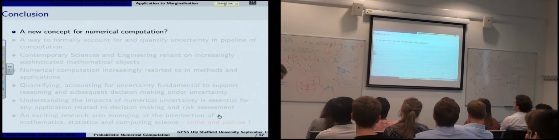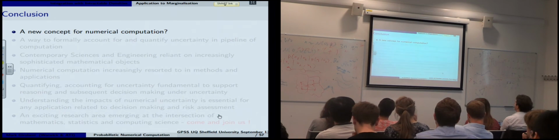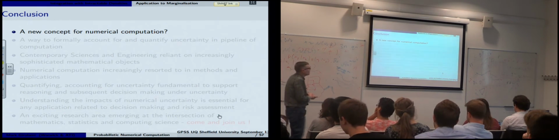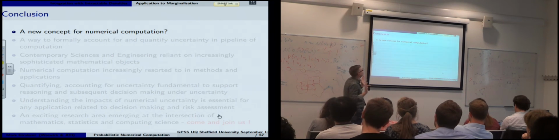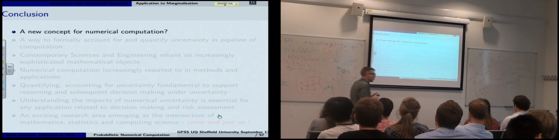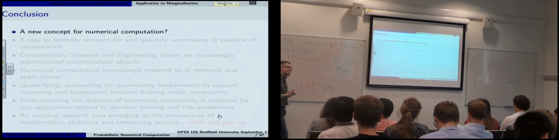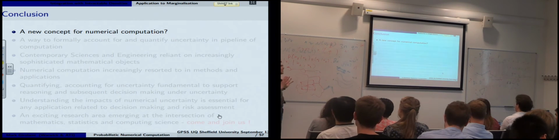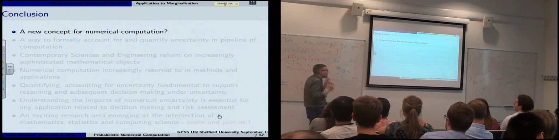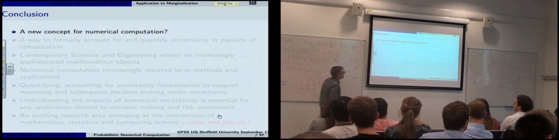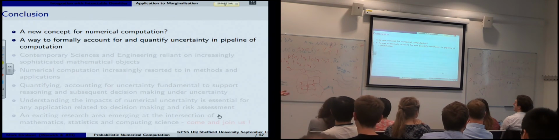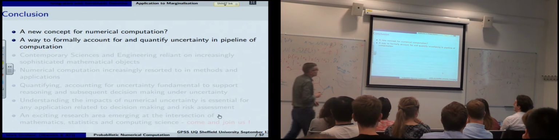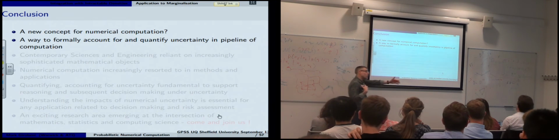the conclusions. So, probabilistic numerical computation. It's most certainly not a new concept for numerical computation. But I think the time is right to really start taking this very seriously. It's a way to formally account for and quantify uncertainty in the whole pipeline of computation.